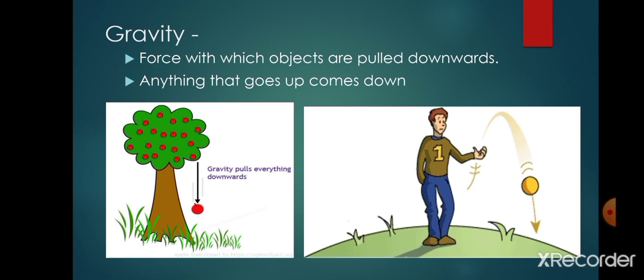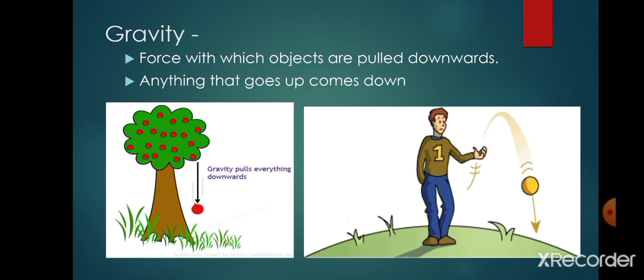Gravity. What is gravity? Gravity is the force with which objects are pulled downwards towards the center of the earth. For example, I've given two pictures here. One, you see a ripened fruit, an apple falling from the tree. Due to the force of gravity, the apple falls down.